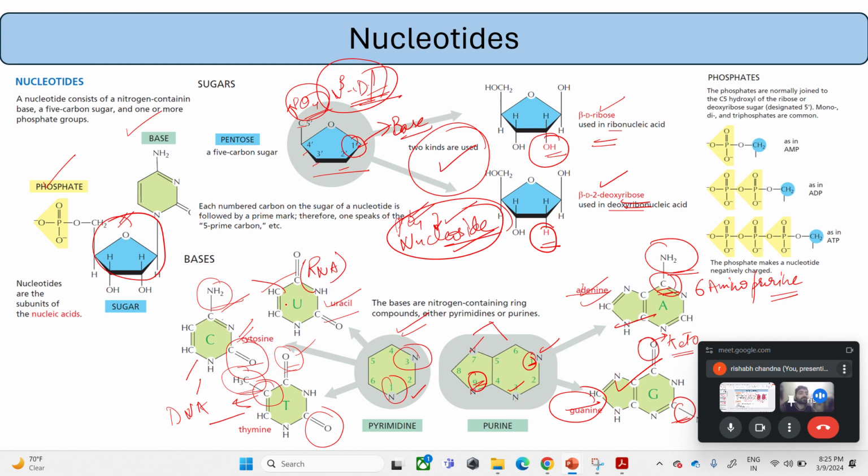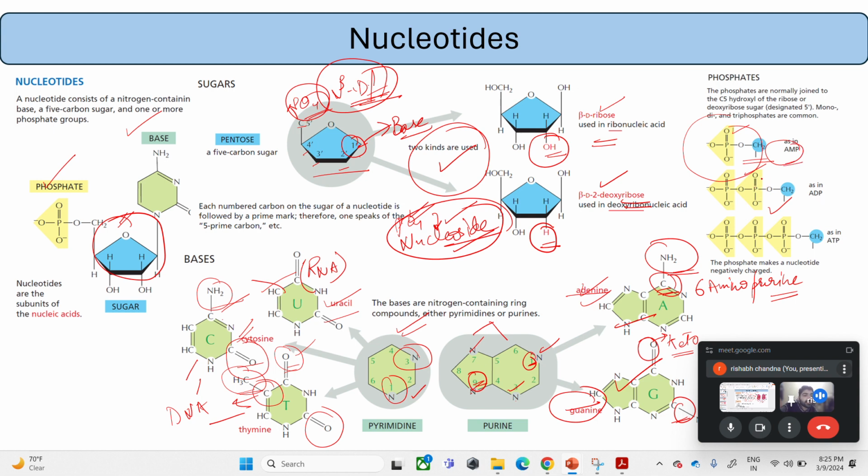Then coming to the phosphate group, which is attached to the C5' carbon of the ribose sugar. There can be a single phosphate group, a double phosphate group, or a triple phosphate group. A single phosphate group is seen in the monophosphate, or AMP, adenosine monophosphate.